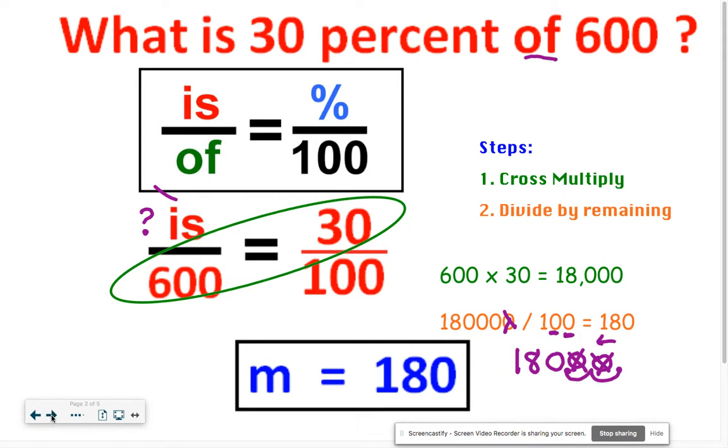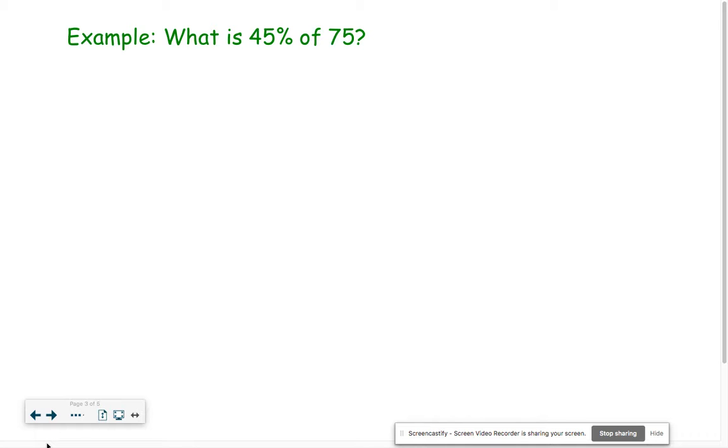Let's try another example. What is 45% of 75? So if we remember, we have our is over our of. What is? Do we know what is? No. So we're going to put a question mark on top.